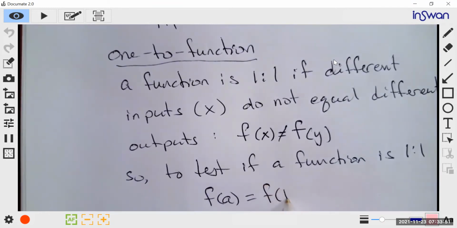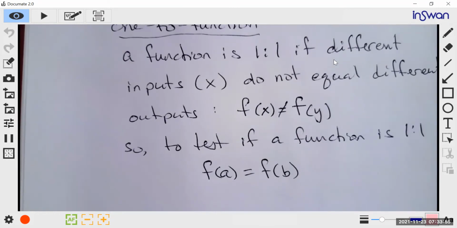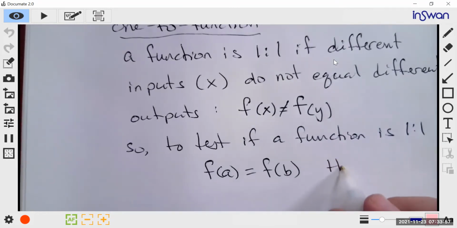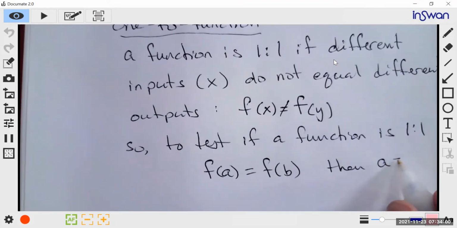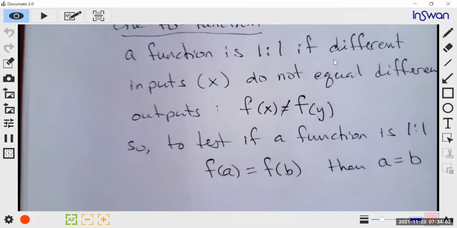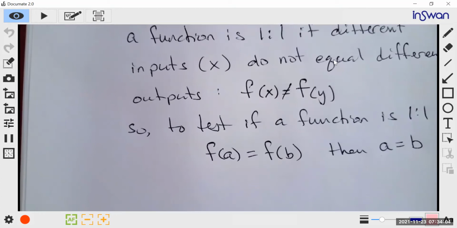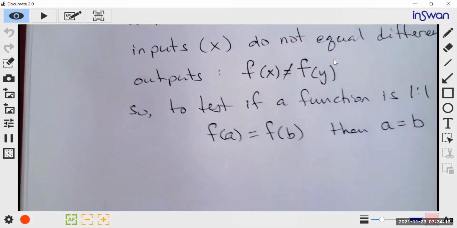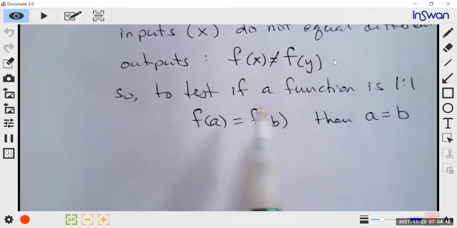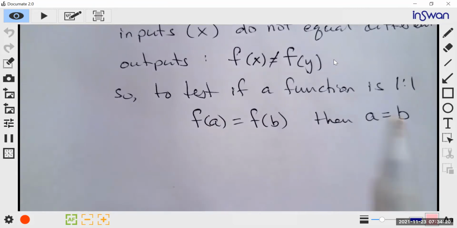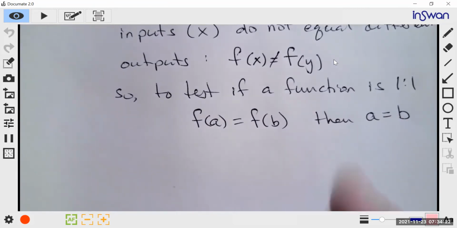If f of A equals f of B, then A has to equal B. Very important, because remember, equals, you have to go both directions. So to test the function, f of A equals f of B. We'll look at that in a second.